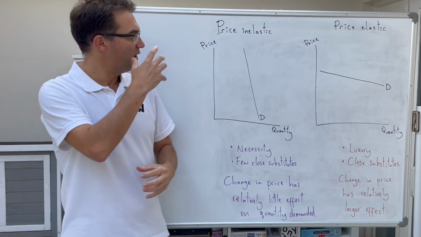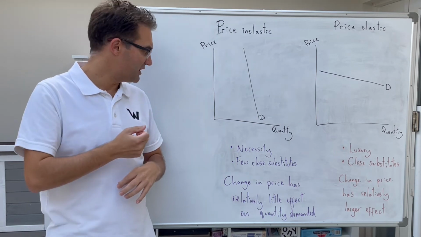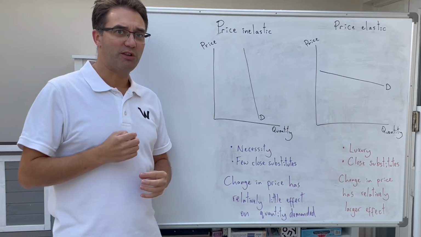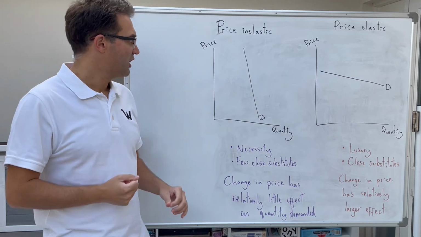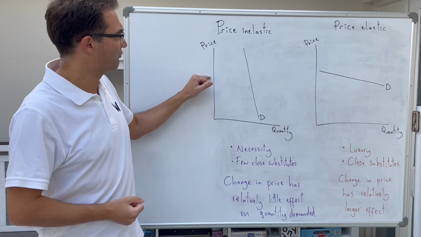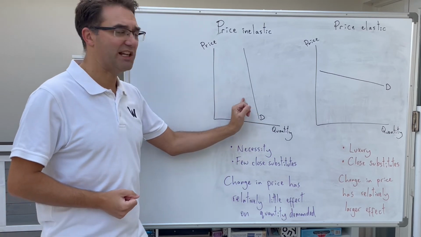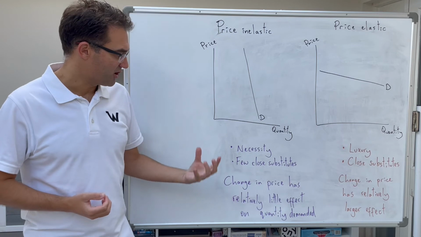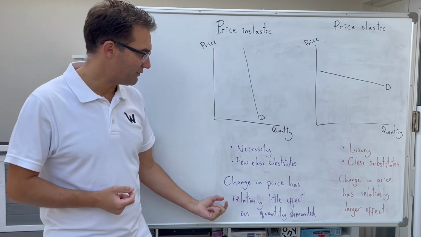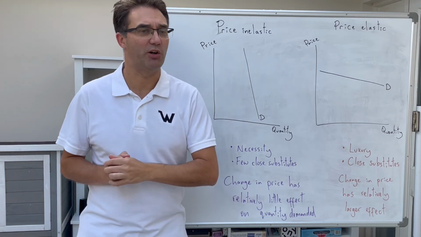Now, price inelastic demand is likely to be with goods that are necessities, have very few close substitutes. And what we can see here is that a rise in price has very little impact on the quantity that's being demanded. So changing price has relatively little effect on the quantity demanded.